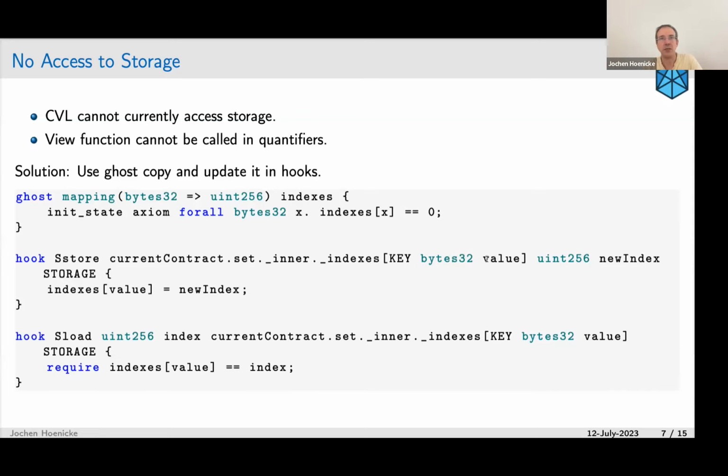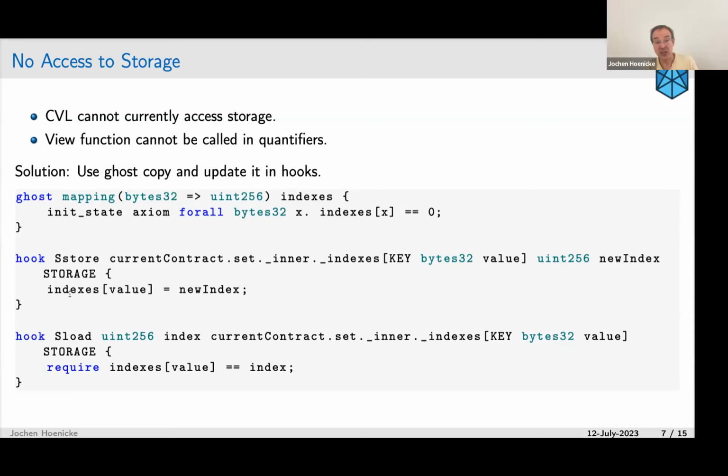We also get the key of this mapping which was changed, and we get the new index that was written into this map. And what we do in the hook is just store the same new index into our ghost state. So now underscore indexes and the indexes in our ghost state are always in sync.